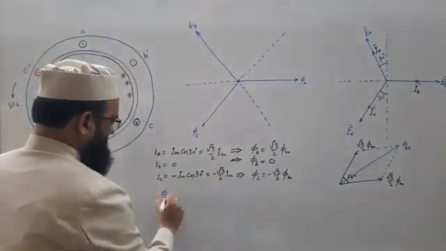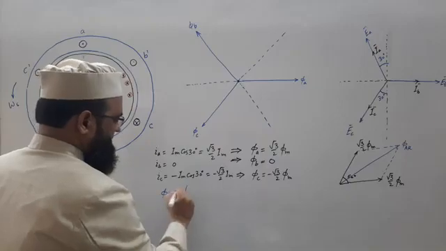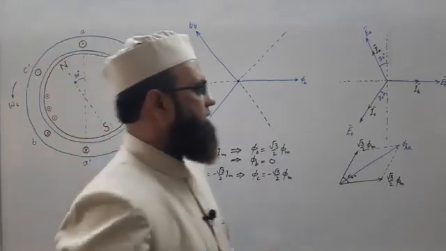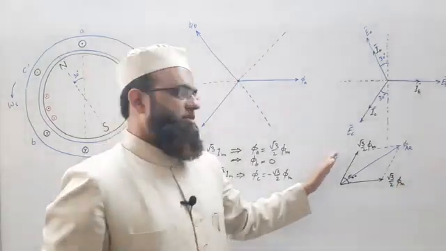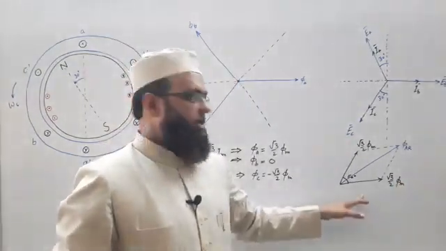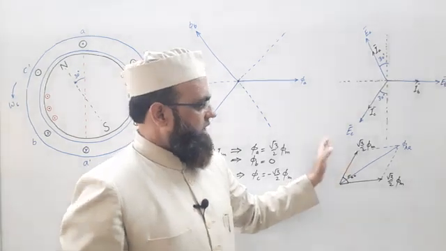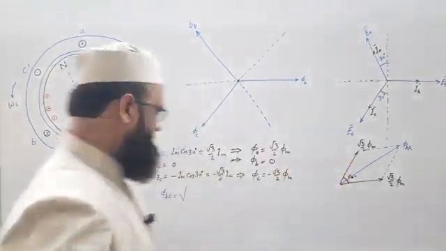Phi AR may be written as, what is the formula? Suppose A and B, two vectors are there, magnitude of A square plus B square plus twice of AB cosine angle between them. Just check it.